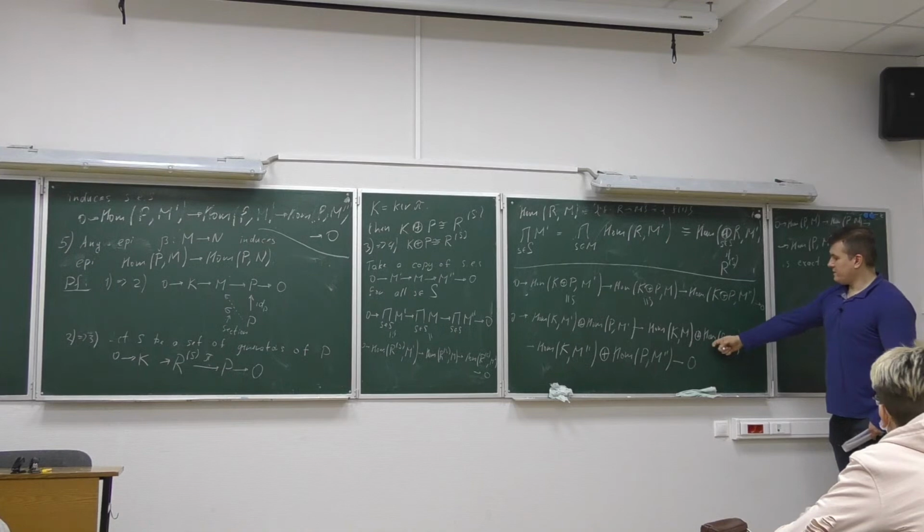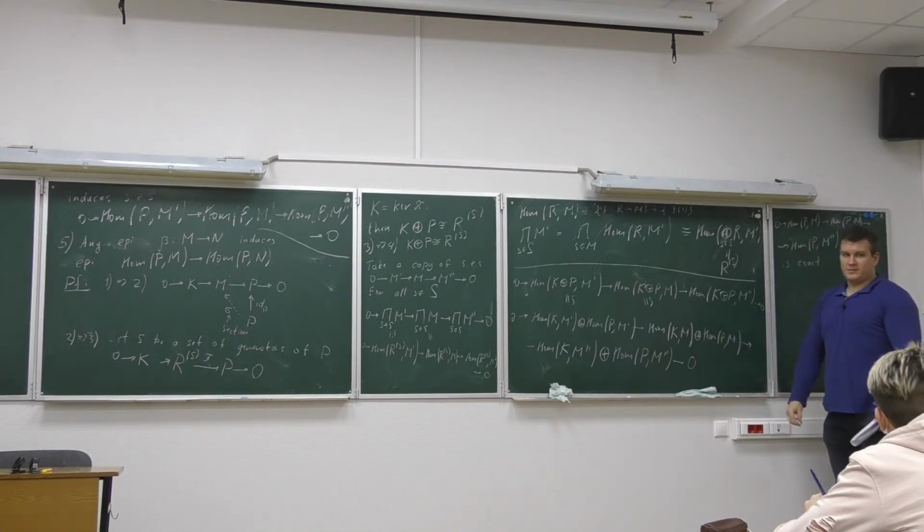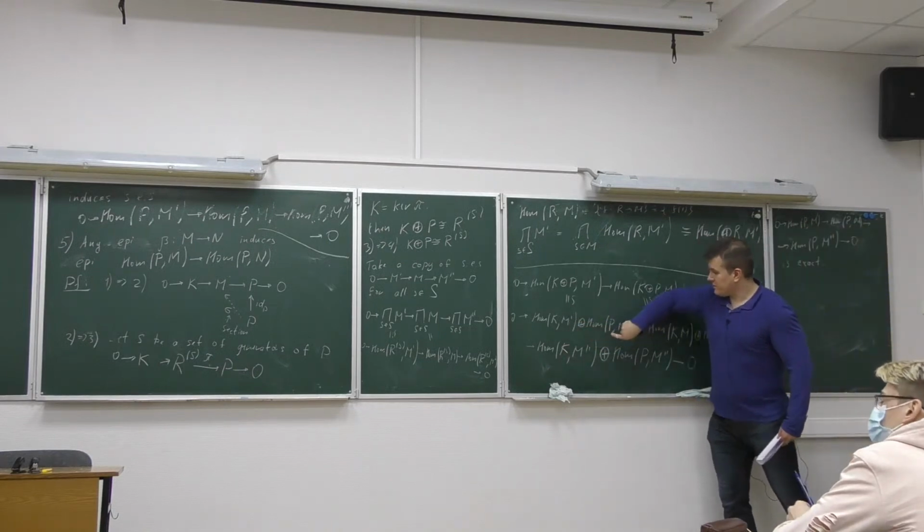Well, this thing is a sum of two short exact sequences. If this is exact, then each of these short exact sequences has to be exact. Because if you have some cohomology here, it will give you the same cohomology in the direct sum. So you have two exact sequences when the first argument is K and when the first argument is P.